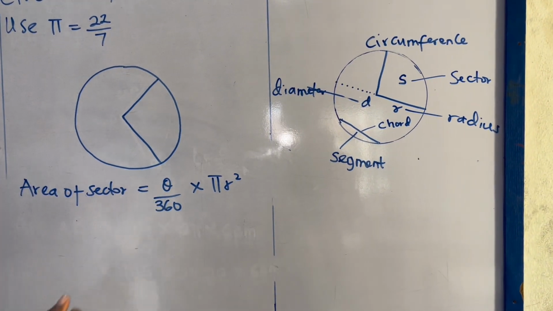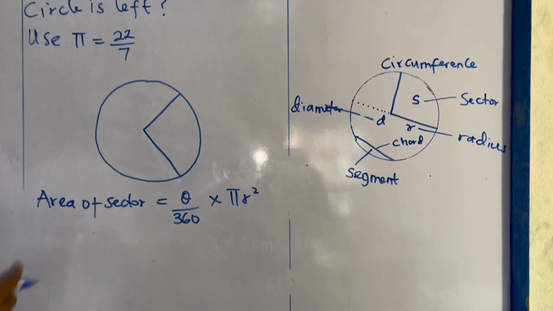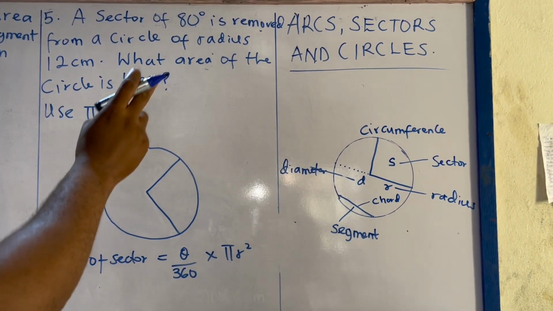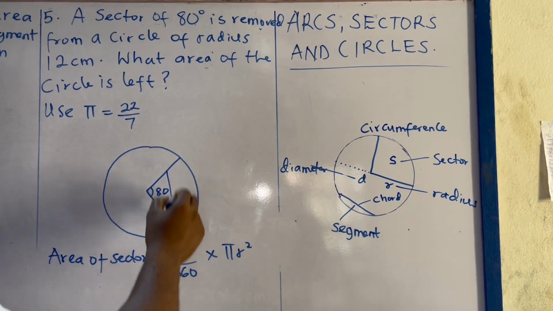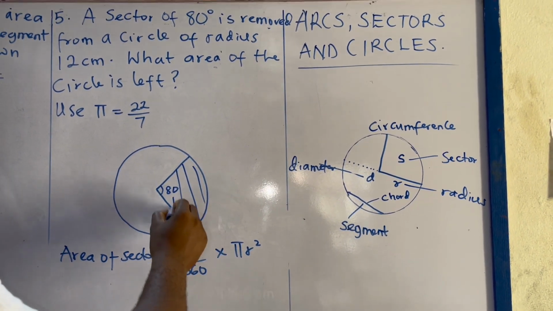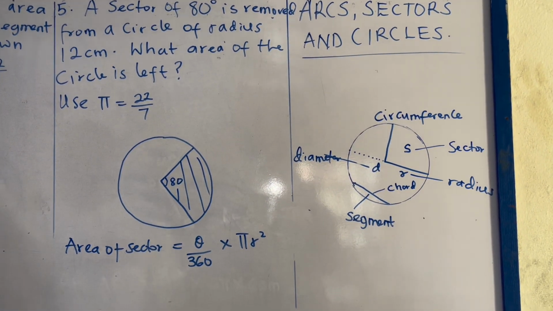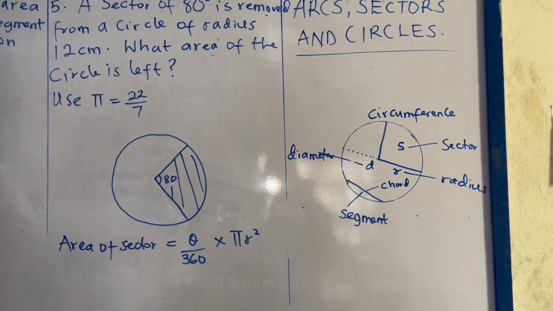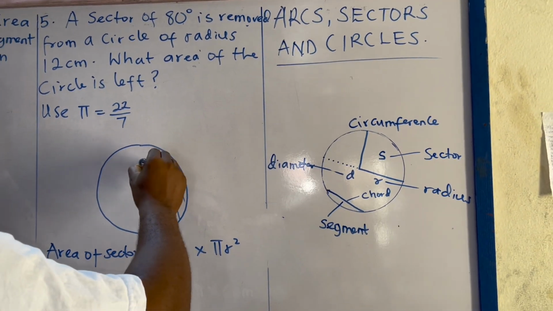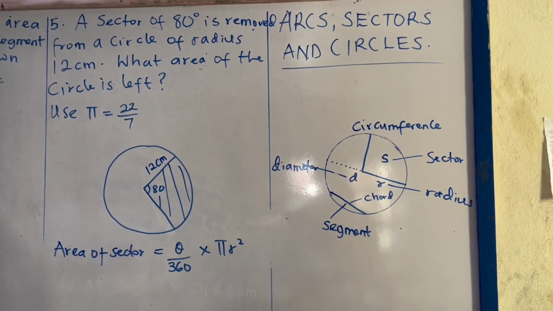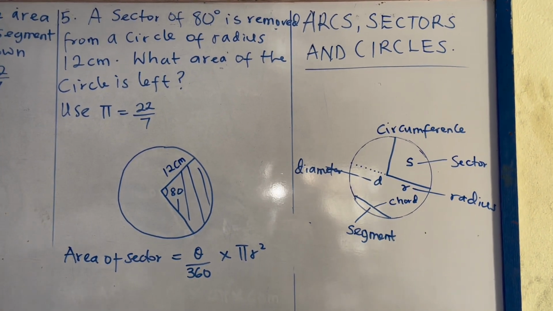Now from the question, a sector of 80 degrees is removed. That means this is 80 degrees. This has been removed from a circle of radius. The radius in this case is 12 centimeters. So what area of the circle is left?